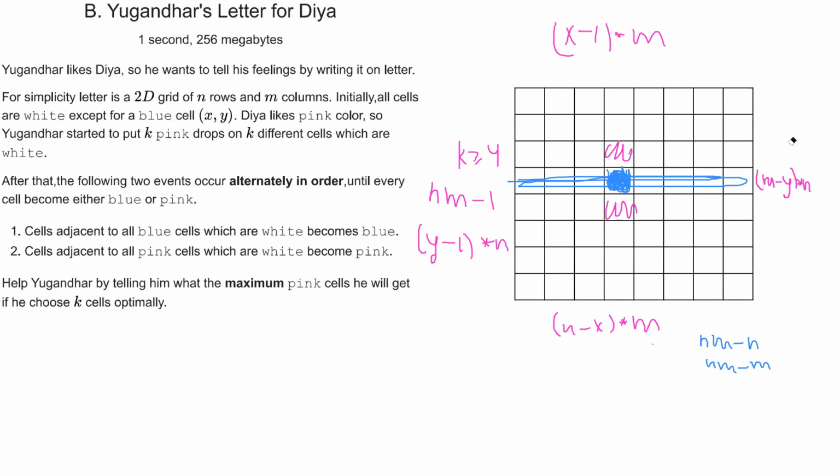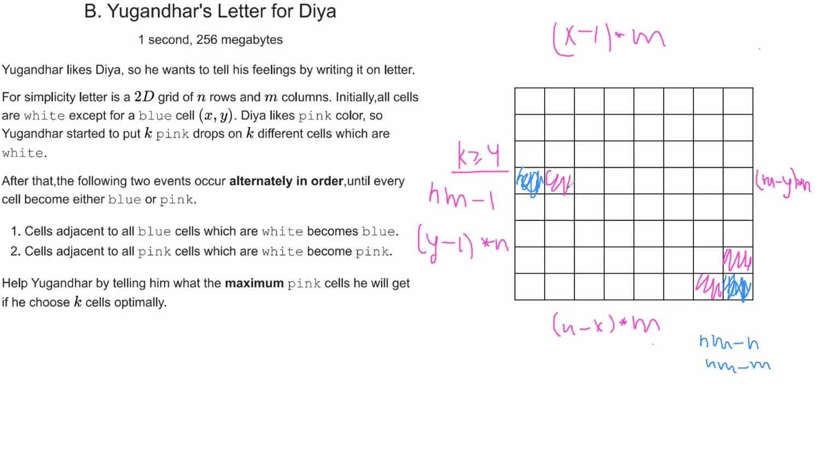However, there is a small case that you need to take into consideration every time. The blue cell might appear here, or even here. In this case, the location of the pink cell is not the opposite way. In the bottom right position, the pink cells will be like that, and we'll have a similar case to k equals 4.